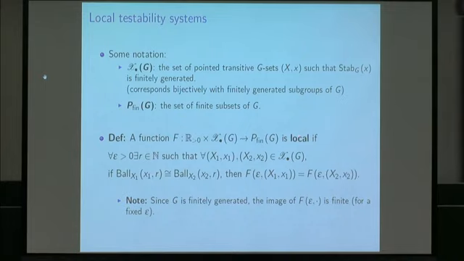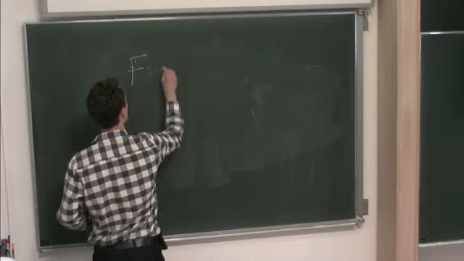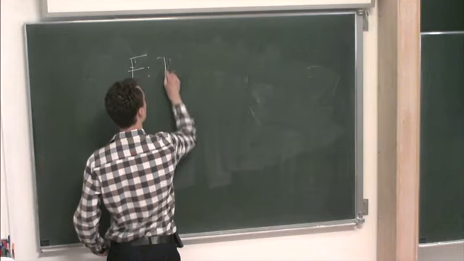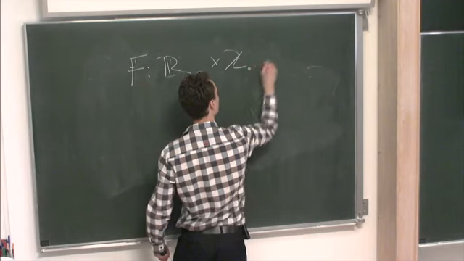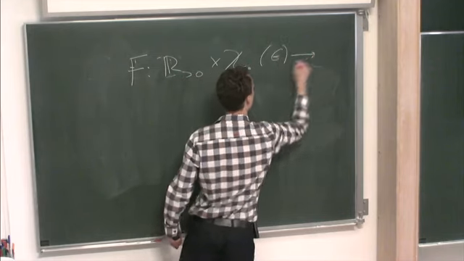A local function is a function that only depends on a ball of some fixed radius. So my function f takes a positive real number and a pointed G-set.